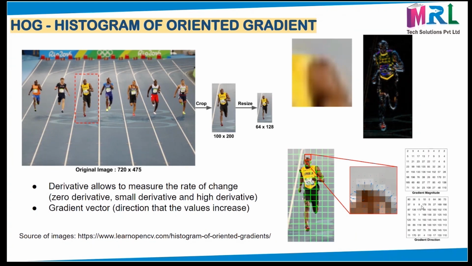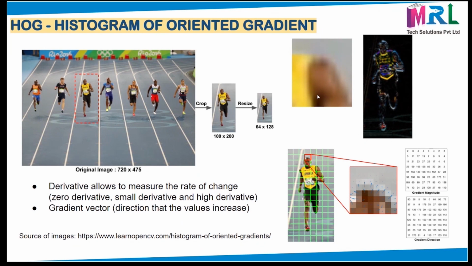Let me quickly repeat it. Histogram of oriented gradients starts with resizing the image to this particular dimension, because that is the optimum one that produces good results, as decided by the creator.